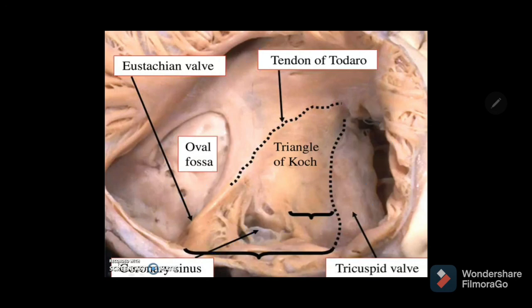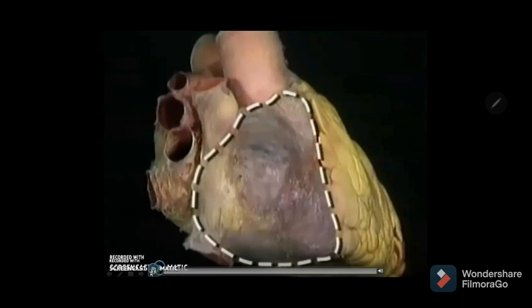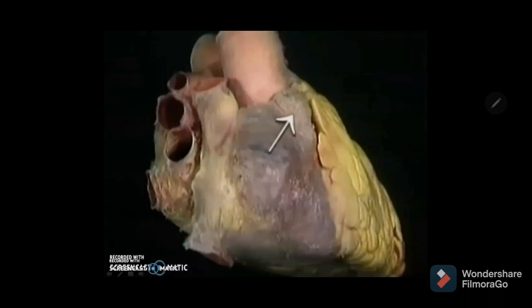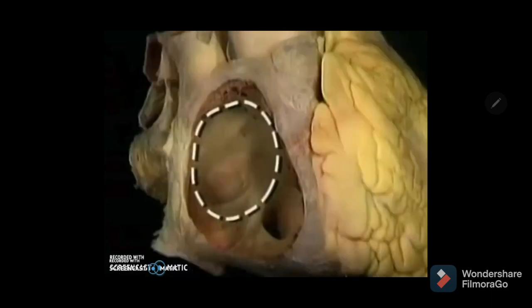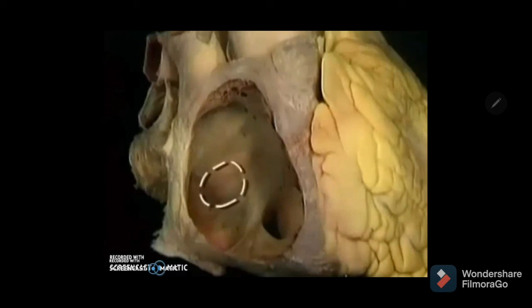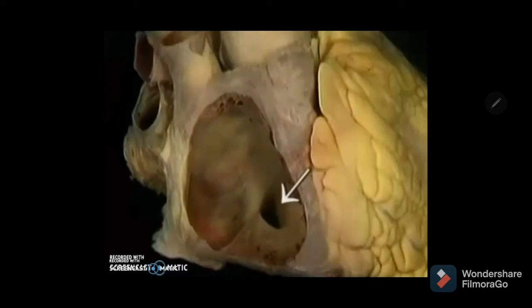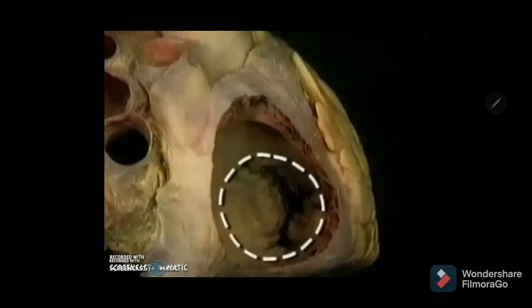This is what you are observing. So again, you see the right atrium, right auricle, superior vena cava opening, inferior vena cava opening. If you go to the interior, that is the septal wall, seeing the fossa ovalis and limbus fossa ovalis, that is the coronary sinus opening, and that is the tricuspid valve with the ring called the annulus.